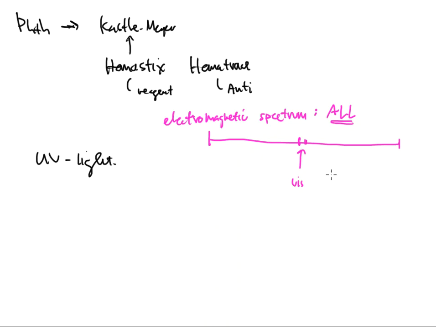Vis stands for visible, and this is where your red, orange, yellow, green, blue, indigo, violet come from. So Roy G. Biv. Every color that I see is coming from that very small sliver of the electromagnetic spectrum, and there are tons of other energies, or other colors in a way, that your eyeballs cannot see.